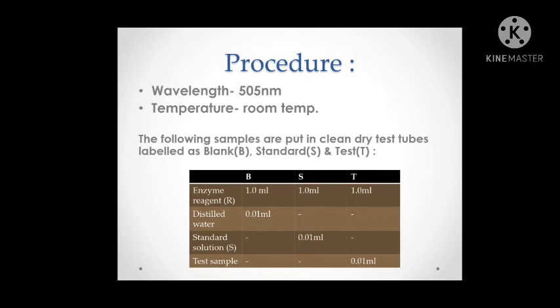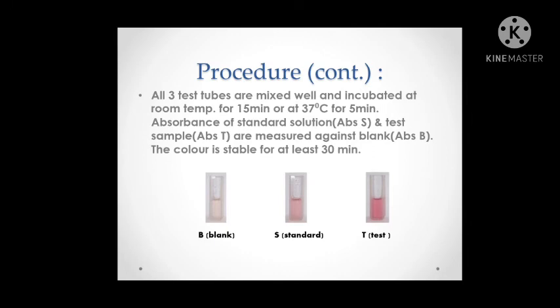In S or standard, we put enzyme reagent of 1 ml and standard solution of 0.01 ml. In T or test, we put enzyme reagent of 1 ml and test sample of 0.01 ml.